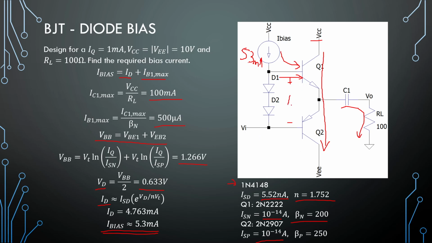And our VBB as 1.266 volts right here will also carry over through all our problems. Right, so this is how to calculate the current required to flow in these diodes.